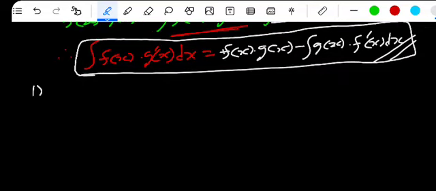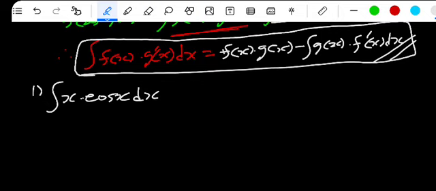That was number 1: the integral of x multiplied by cos x dx. We're supposed to integrate this, so we'll use that formula.